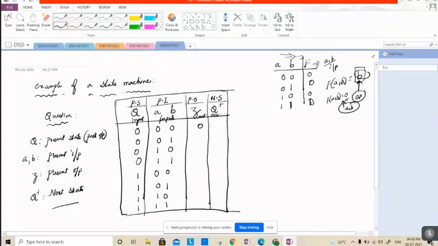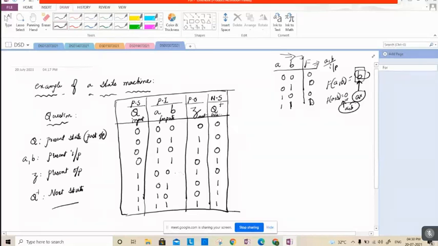Let this be 0, let this be 1, this is 1, this is 0, this is 1, this is 0, this is 0, and this is 1. And here this is 0, 0, 0, 1, here this is 0 again, 1, 1, and 1, right.